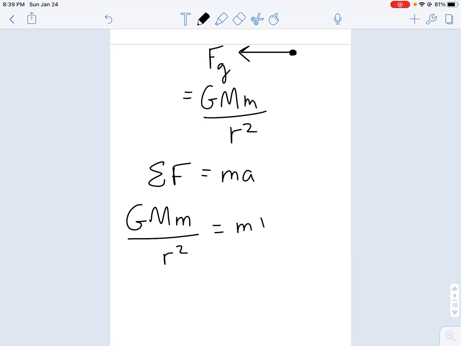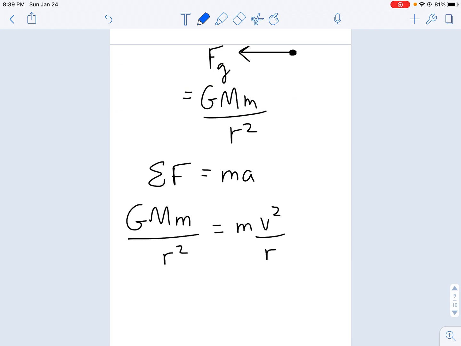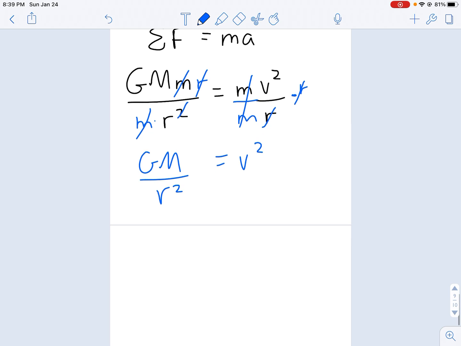and we replace a with v squared over r, we can actually simplify this relationship. We'll divide each side of the equation by m, and we multiply each side of the equation by r, and we're left with v squared equals GM over r squared.